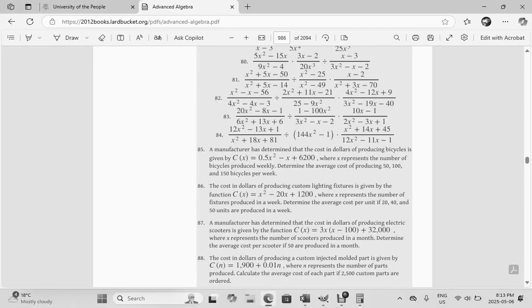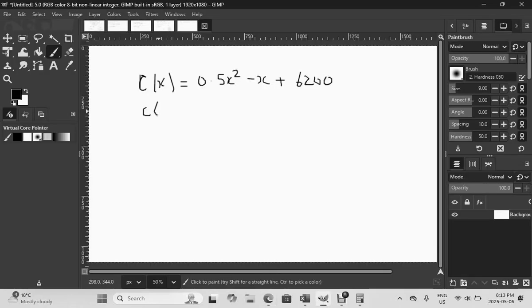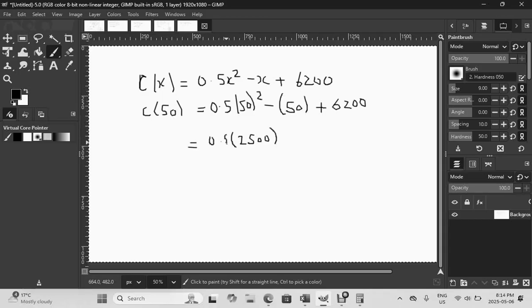And C(50) will be 0.5 times 50² − 50 + 6,200. 50 squared is 2,500, times 0.5.